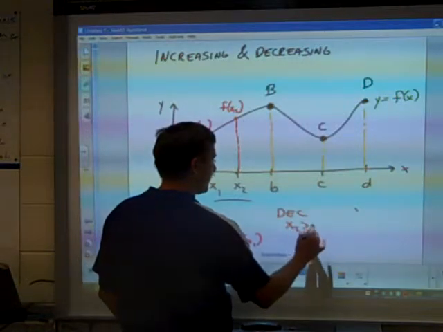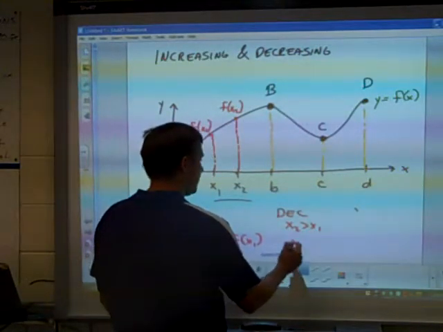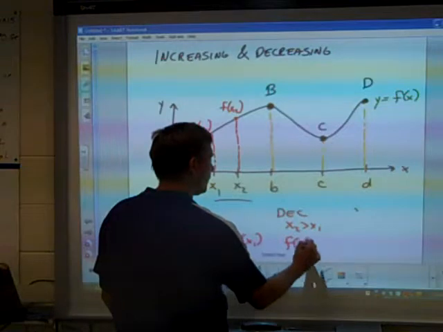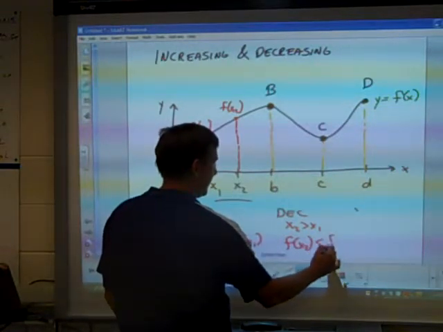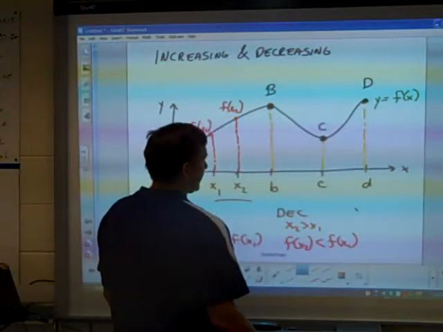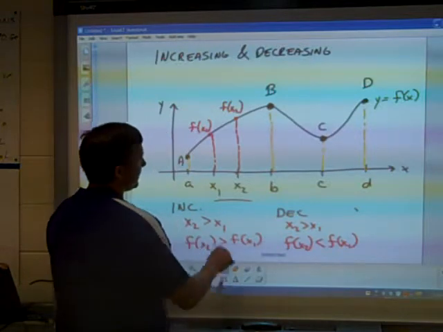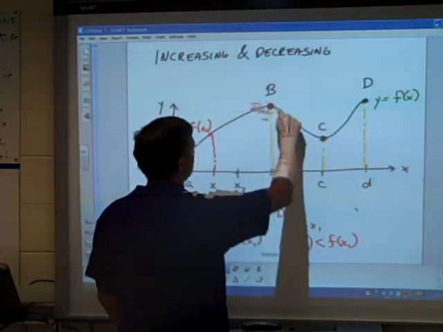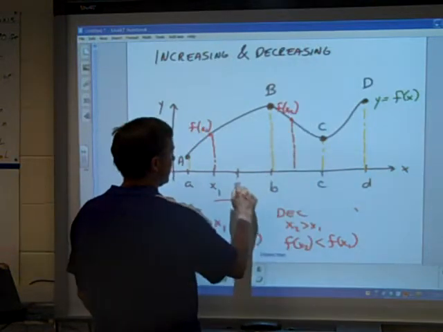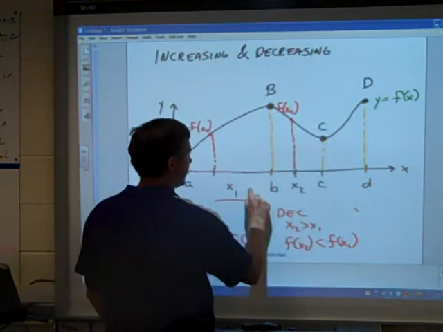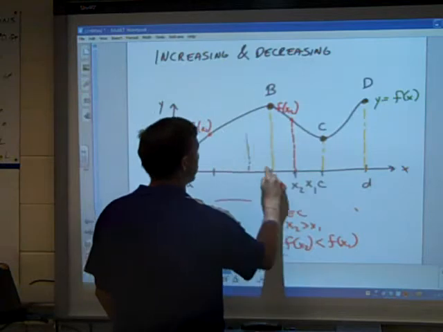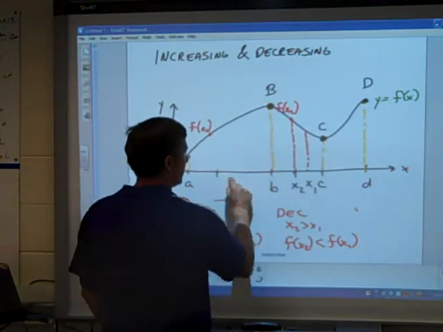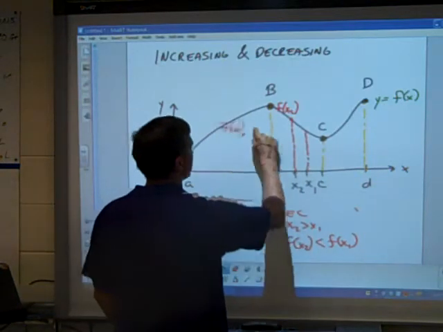You want x2 to be greater than x1, but you want f of x2 to be less than f of x1. And if I was to try to move those points, I think I can. I tried to make them a group, or close enough. If I move these points here, you'll see that I can, well, I guess I have to move everything separately. I can put the decreasing case right over here.